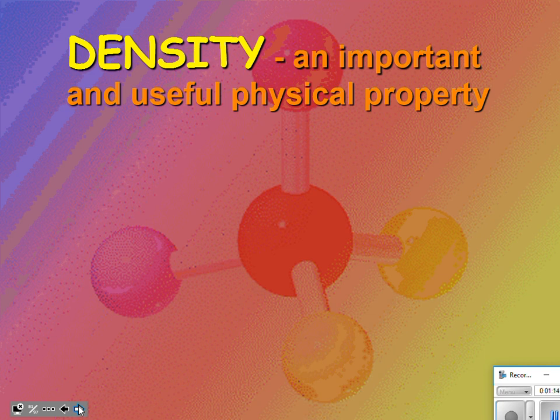You can read right here, density. So you're going to need later on the density of gold. You're going to need that for a lab Monday. So right here it is, 19.3. What's the label? Grams per centimeter cubed. So density is one thing that your periodic table will tell you.